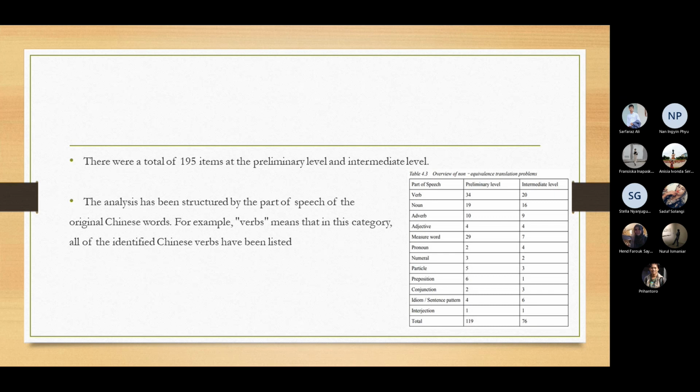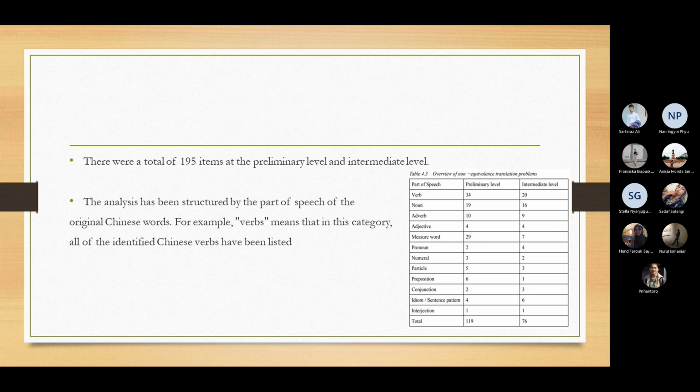The analysis has been structured with the part of speech and original Chinese words. For example, in the verbs category, all of the identified Chinese verbs have been listed. Here you can see that at the preliminary level, 34 non-equivalence translation problems regarding the verb are identified, and at intermediate level 20.